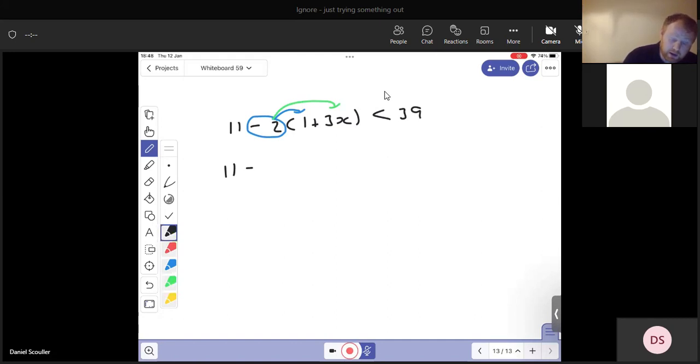Whatever that number is, multiply it by both terms. So you've got minus 2 minus 6x. Just be careful with that. Tidying that up, then we can take the 9 over.